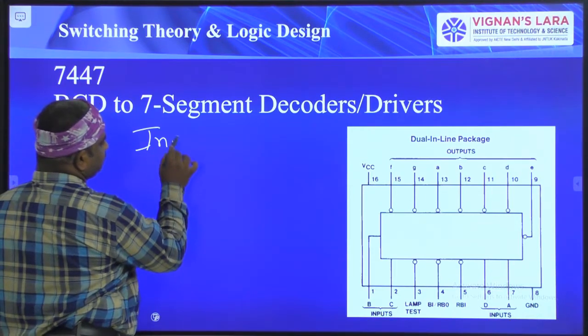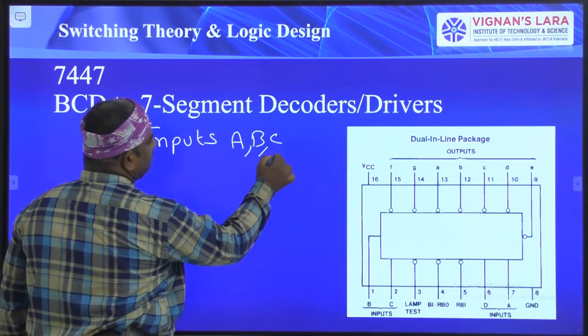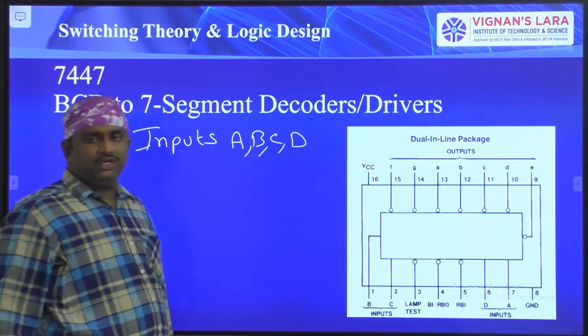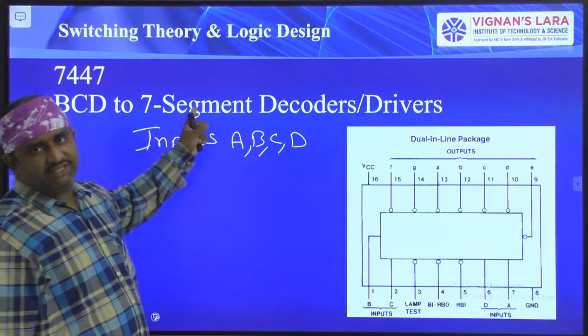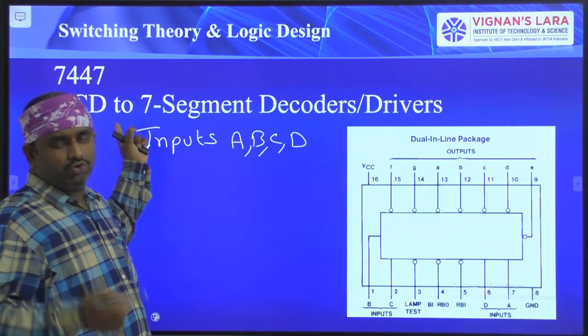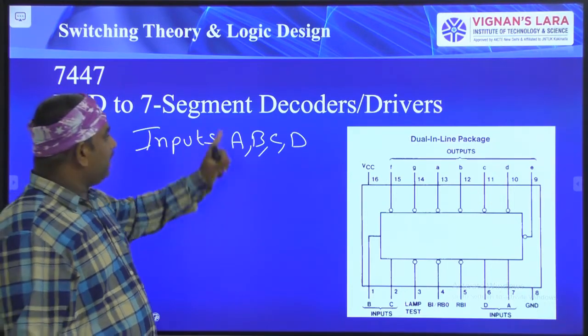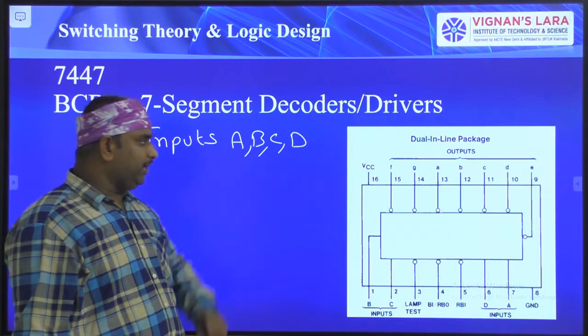A, B, C, D, 4 inputs are available. For the BCD to 7-segment decoder, the BCD inputs are 0000 to 1001, that is 0 to 9, which we give as the input.